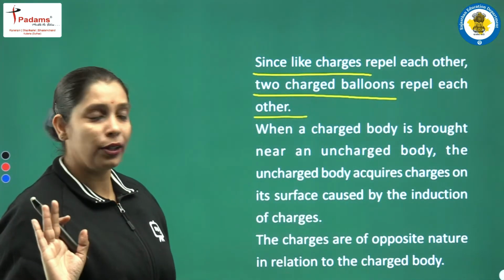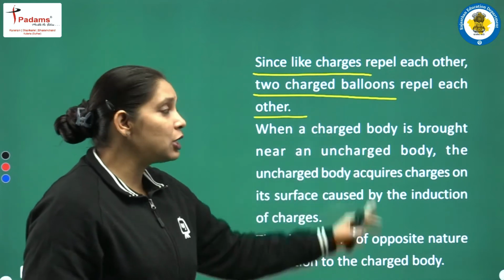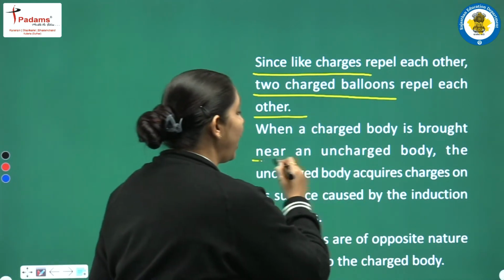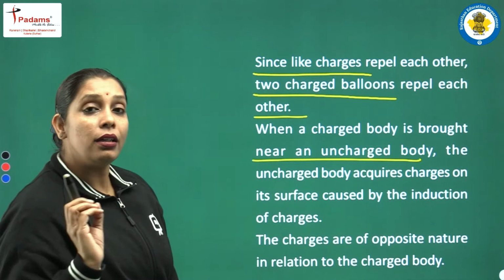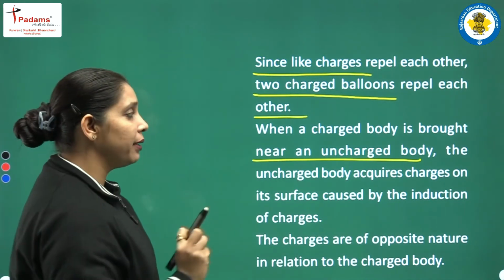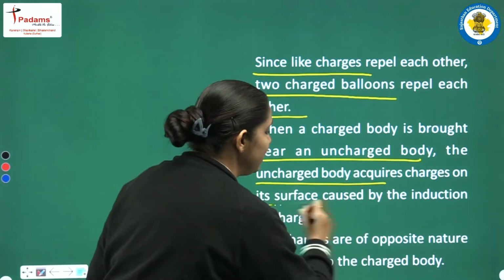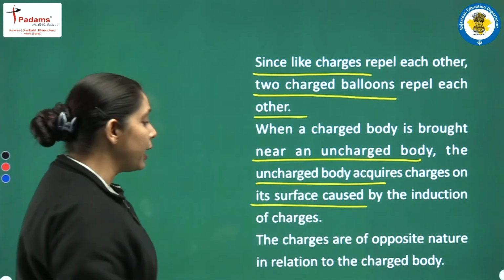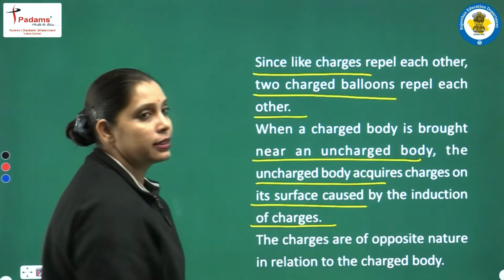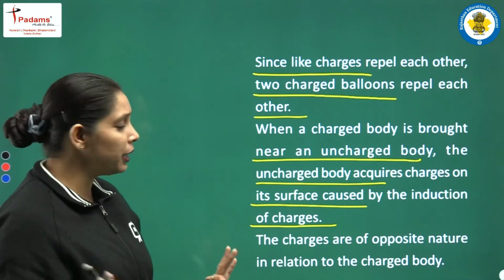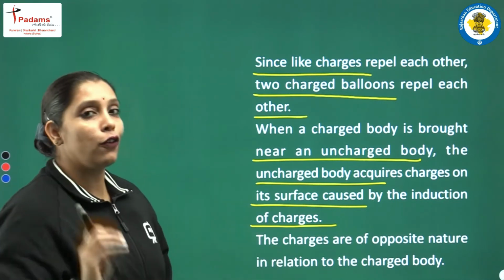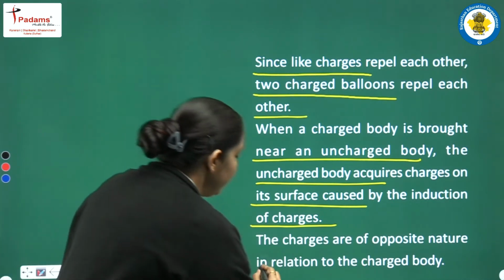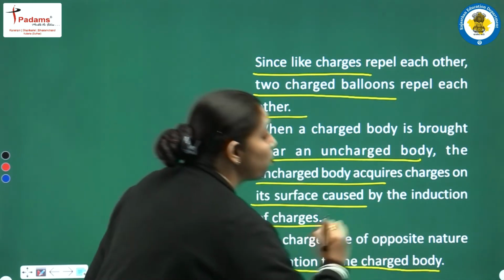Simple funda, okay? When a charged body is brought near an uncharged body, the uncharged body acquires charges on its surface caused by the induction of charges. Simple. Is it understandable? The charges are of opposite nature in relation to the charged body.